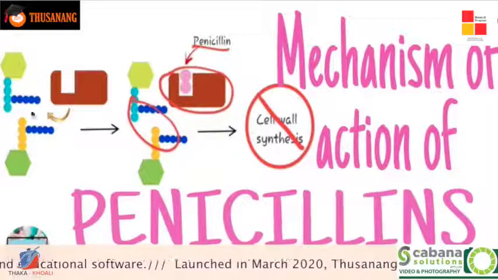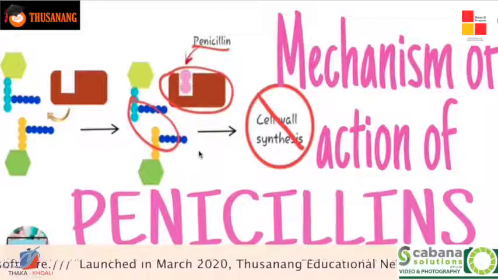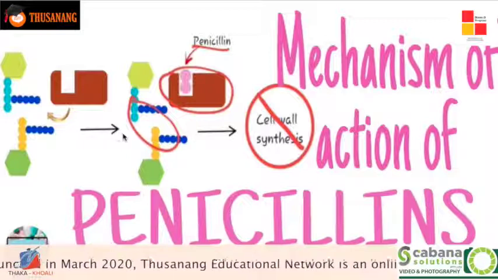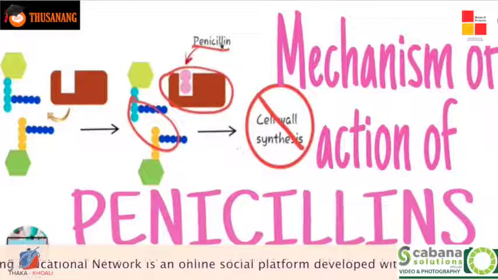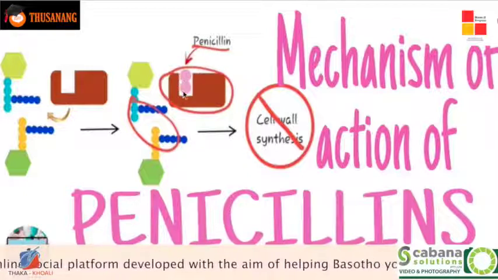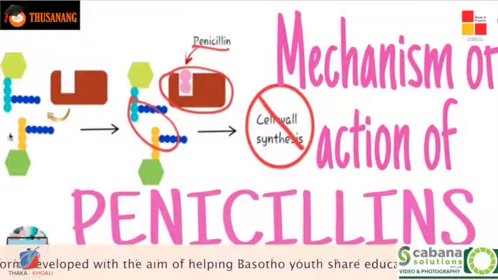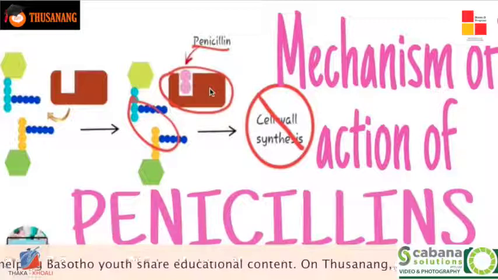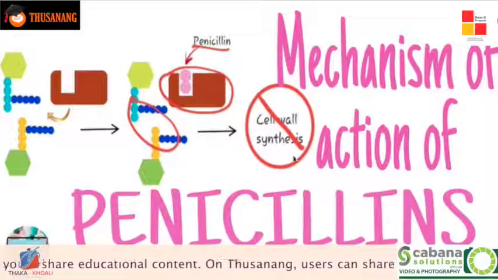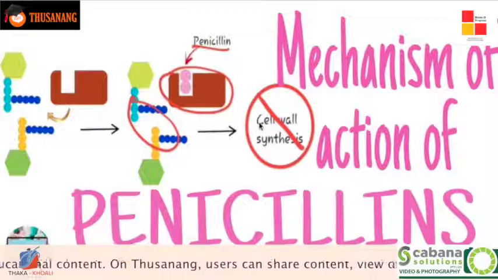This reaction is supposed to assist bacteria in building their cell wall. With the presence of penicillin inhibiting the binding of the substrate to the active site of the enzyme, we do not have a cell wall being produced.